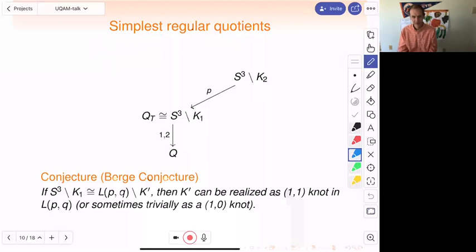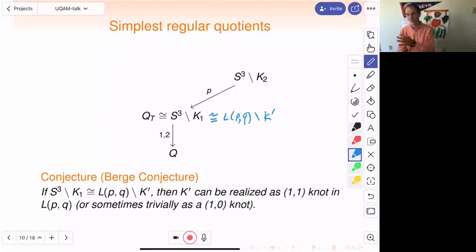There are lots of knots known to fit into this picture. There are what are called Berge knots, conjecturally. And what we can say is that this S3 knot complement is actually some LPQ minus K prime, right?